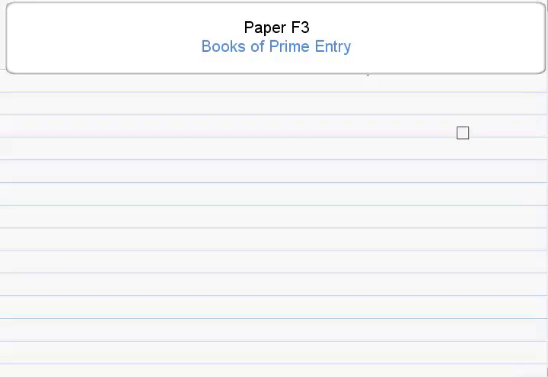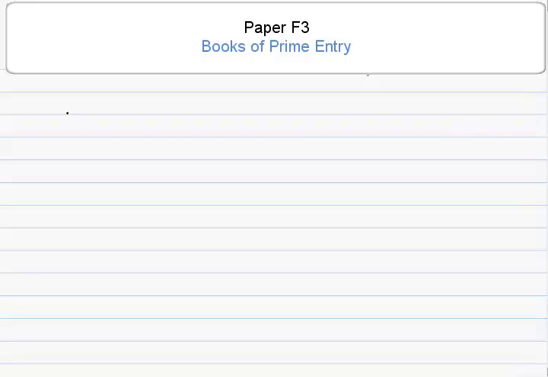So most transactions of any business will be one of those 4. Pay cash to buy something, receive cash for your sales or whatever, buy goods on credit, sell goods on credit. For most businesses they are most of the transactions, and so the main 4 books are books in which we'll just list each of those.